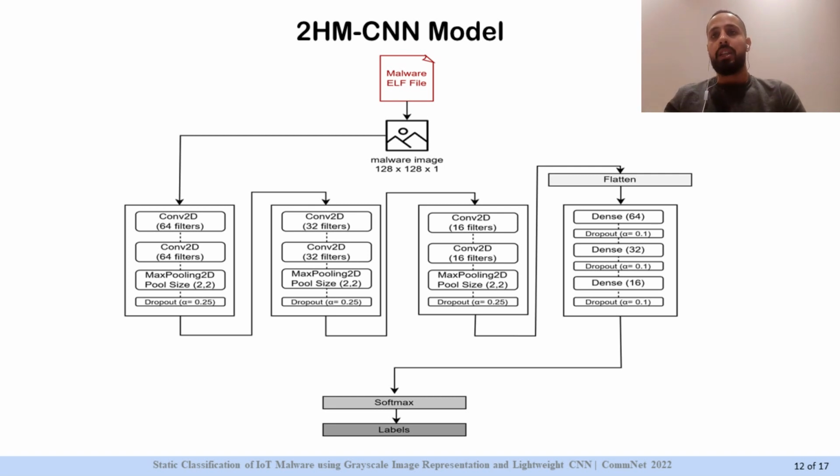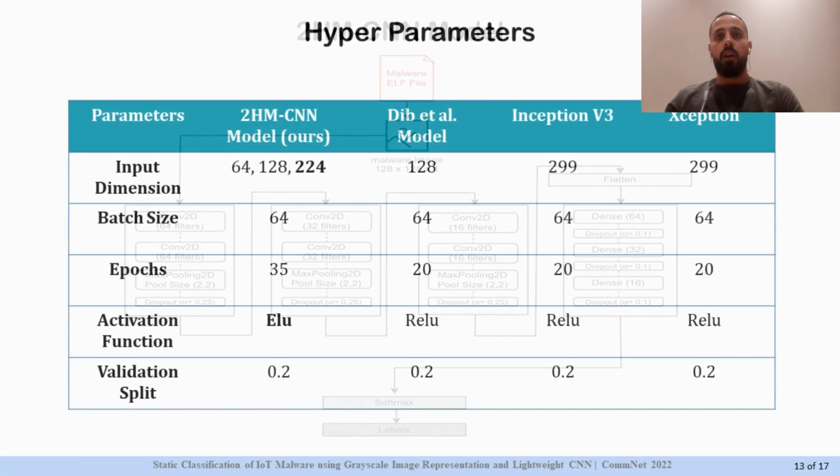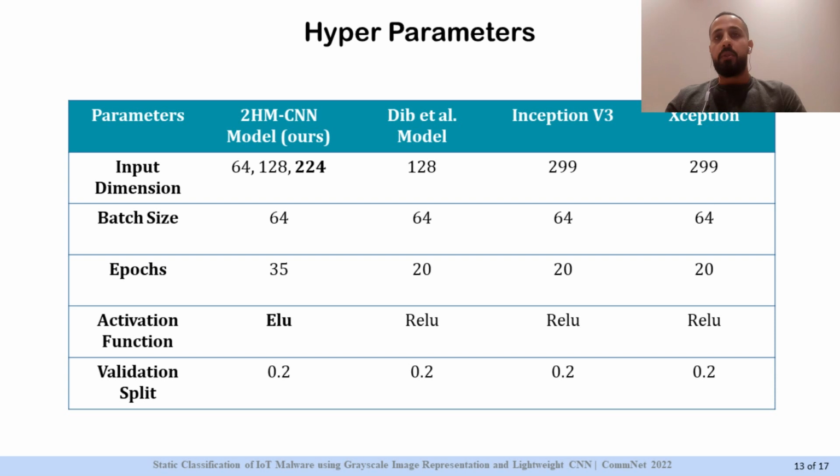In the 4th block, we have 3 fully connected layers with different sizes and a softmax activation function in the output layer for the multi-class classification, adding different dropout rates to control overfitting. This table is a representation of the different hyperparameters used in this experiment. We trained our model using different image sizes: 64, 128, and 224. We divided the data set into 80% for training and 20% for testing.